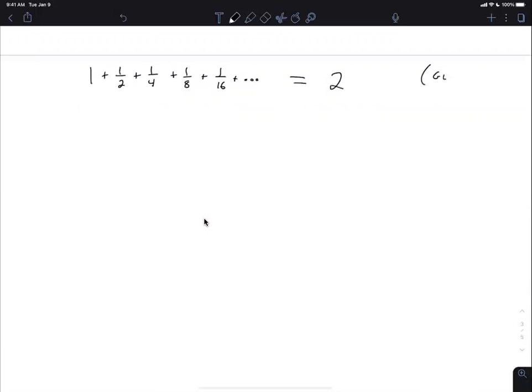It's a geometric series that converges. This is infinity. That's the harmonic series.